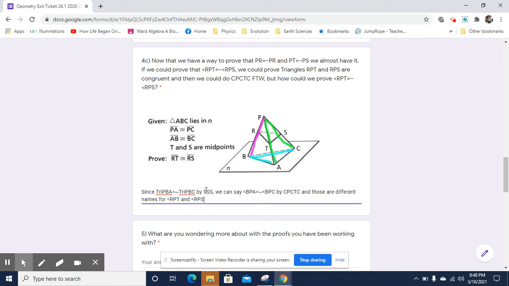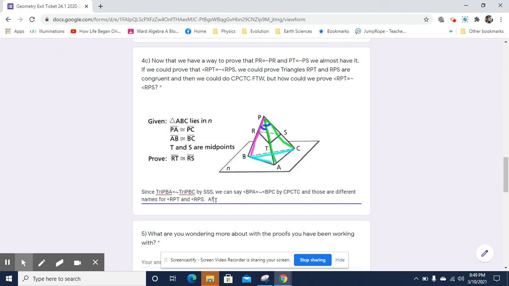Okay, so now we'd be able to prove that triangle RPT is congruent to triangle RPS by side angle side. And by that we'd be able to prove RT and RS are congruent using CPCTC.